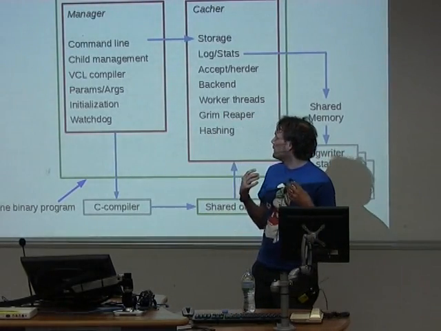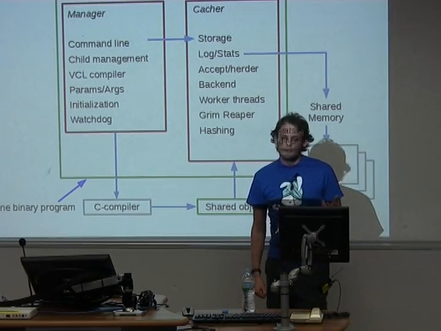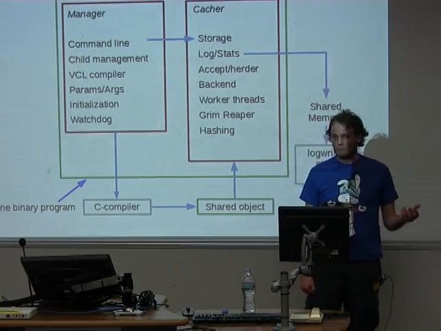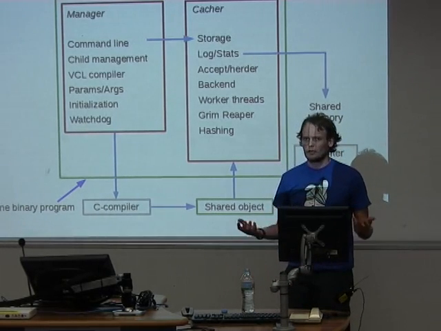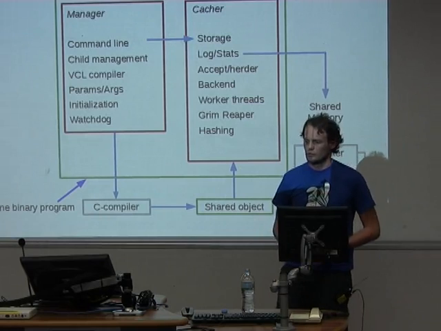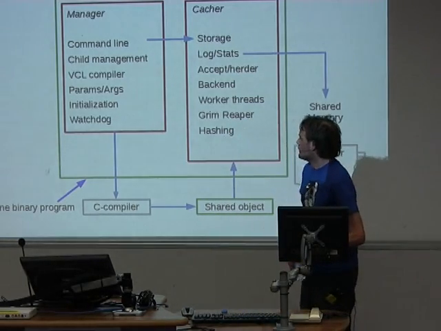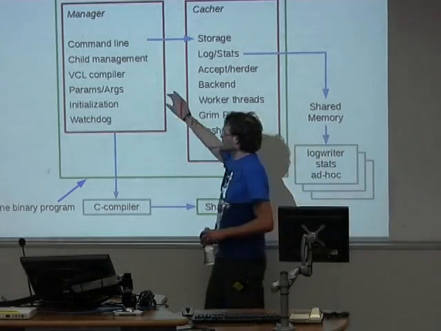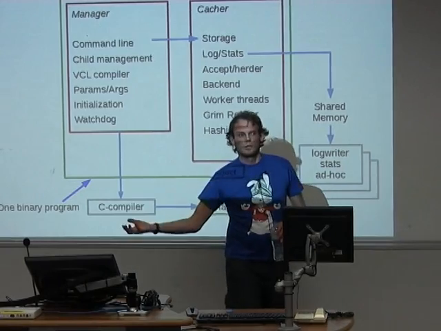It restarts the child if it dies, because initially at least, Varnish was kind of unstable. And it's terrible to be woken up just to restart the process. I mean, the process can just restart itself. The manager also has the VCL compiler, so it takes VCL, compiles that to C code, which is then compiled using GCC.